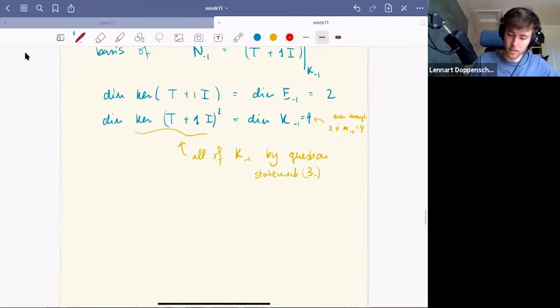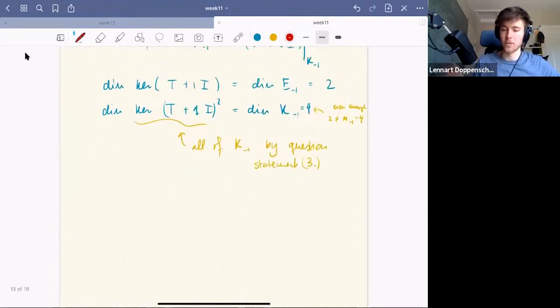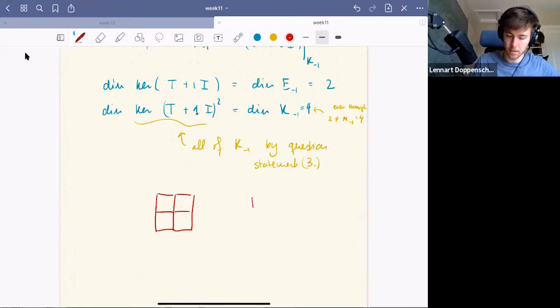And so the cycle tableau is now, from 0 to 2, 2 boxes for the first column. And then from 2 to 4, that's again 2 boxes for the second column. And so we have 2 cycles of length 2.